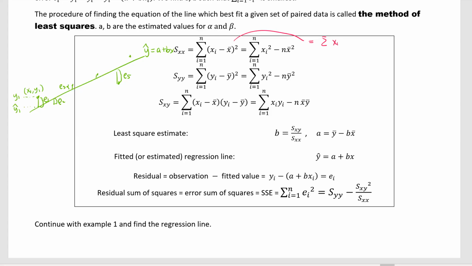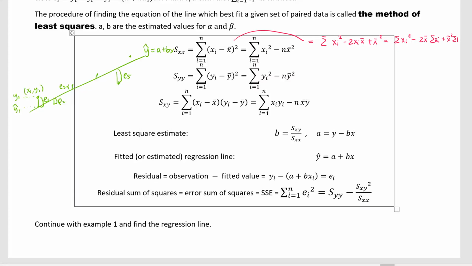So we have xi squared minus 2xi x bar plus x bar squared. Okay, we can distribute the sum. So we have sum of xi squared minus, we can put the 2x bar outside of the sum, and we can put the x bar squared outside of the sum, then we have the sum of 1.